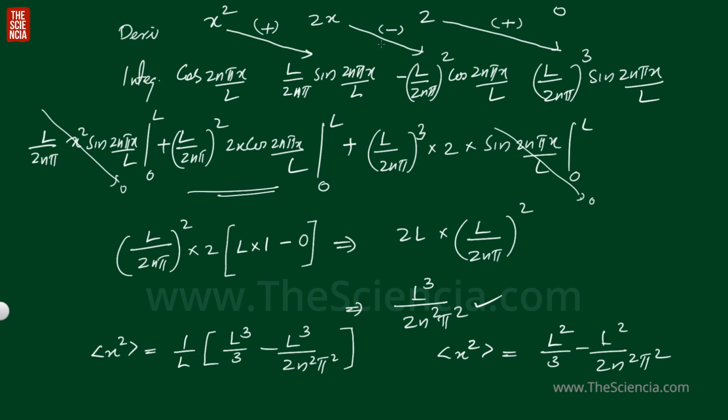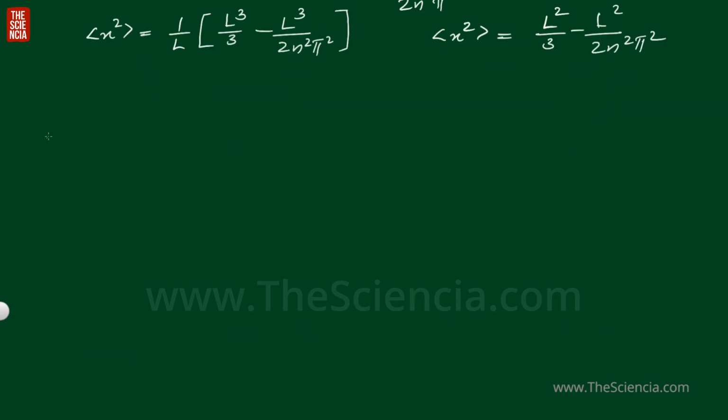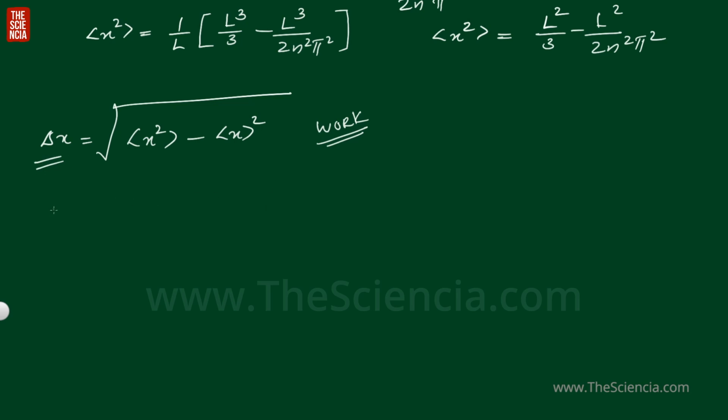Now we can find out the delta x value, that is delta x is equal to root of expectation value of x square minus expectation value of x whole square. So this is a work for you. Please substitute these values here and find out the delta x.